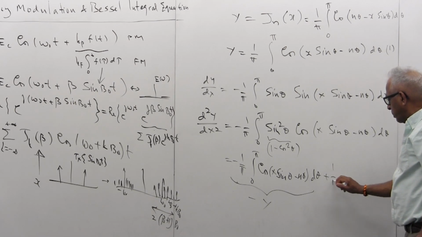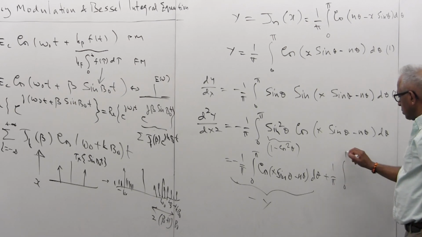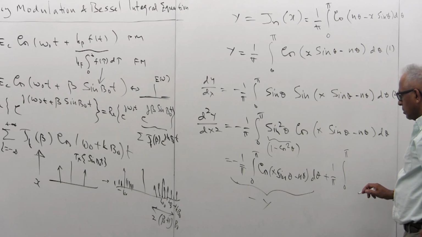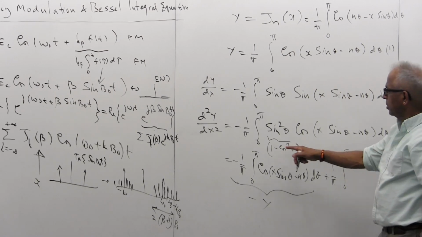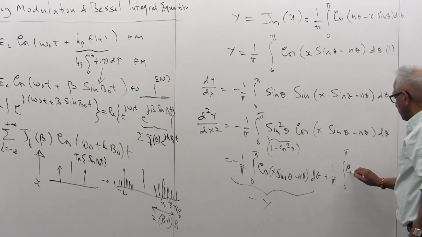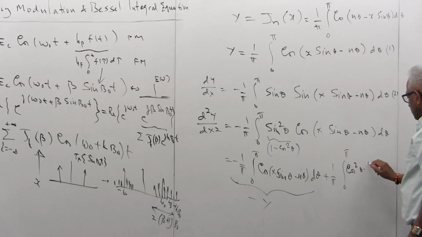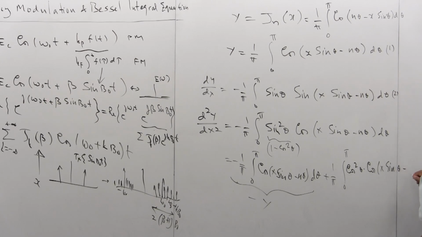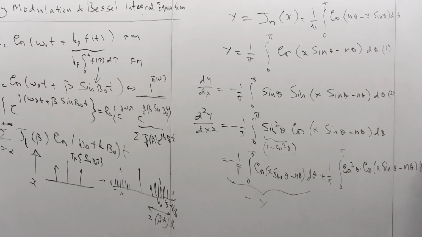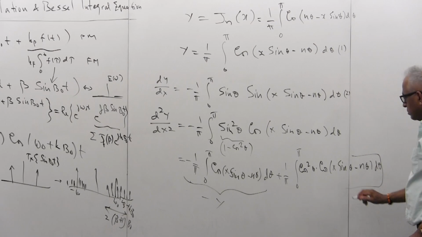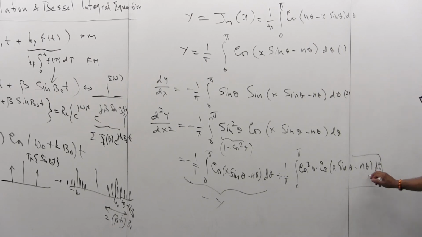Plus 1 over pi integral 0 to pi. So minus minus plus cos squared theta cos x sine theta minus n theta d theta. So let me call this expression 3.